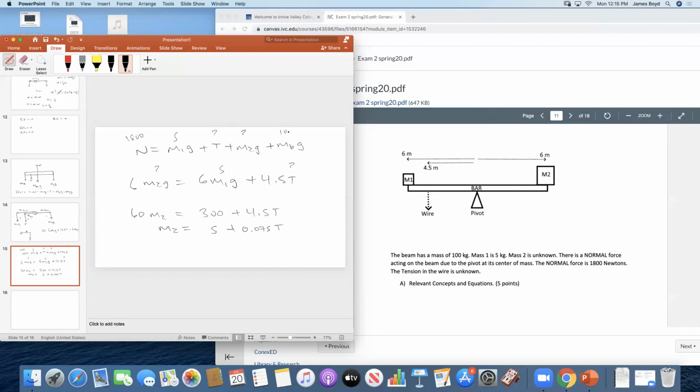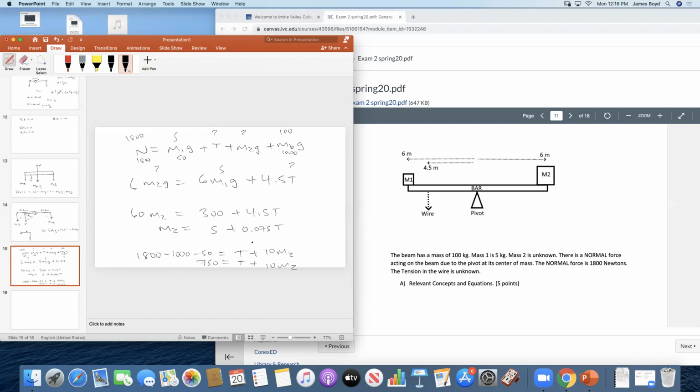The bar is 100 kilograms. So what we get from this equation is 1800. Let's move this over. So 100 times 10 is 1,000 is equal to 5. Nope, let's move that one over too. So this is 1800. This is 50. This is 1,000. This is t, and this is 10 times m2. Minus 50 is equal to t plus 10 m2. This would be 750 is equal to t plus 10 m2.